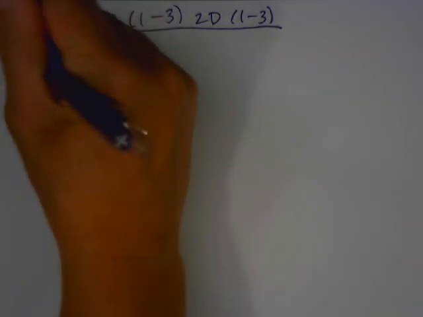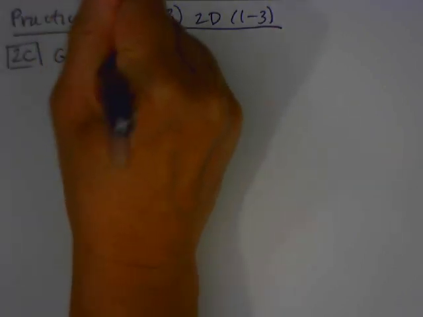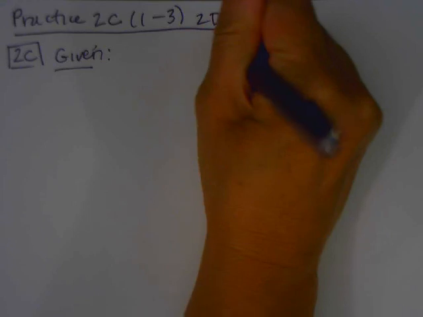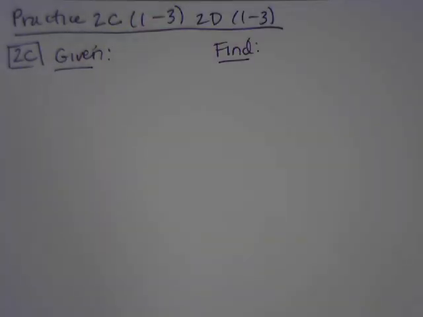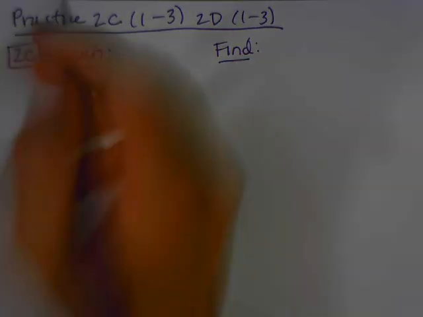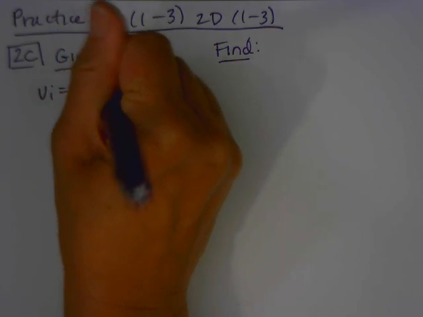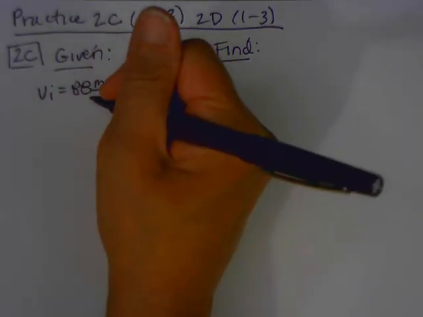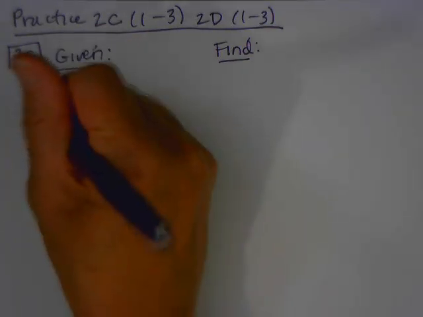So I'm doing 2C first. I'm going to write my given, and I'm going to write my find. It says a rocket traveling at 88 meters per second is accelerated uniformly to 132. So 88 is its initial velocity, and 132 is my final velocity.